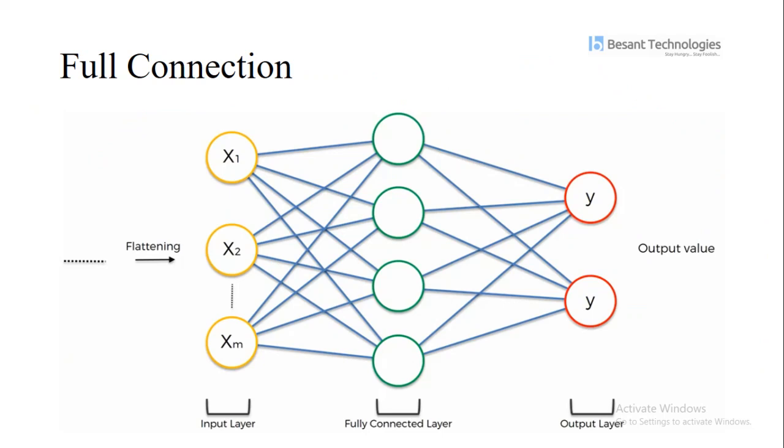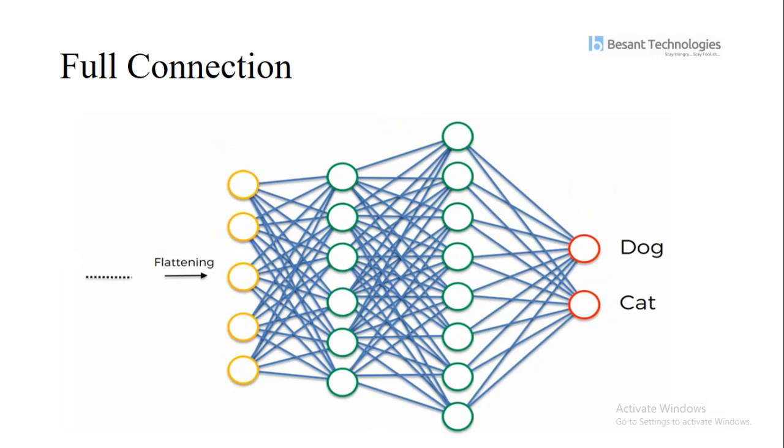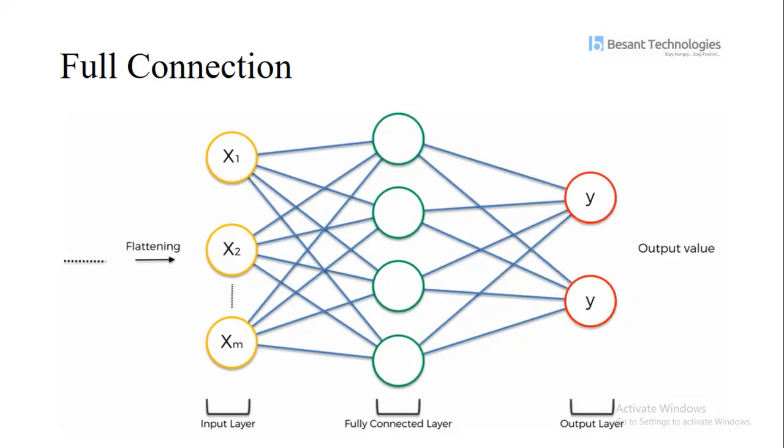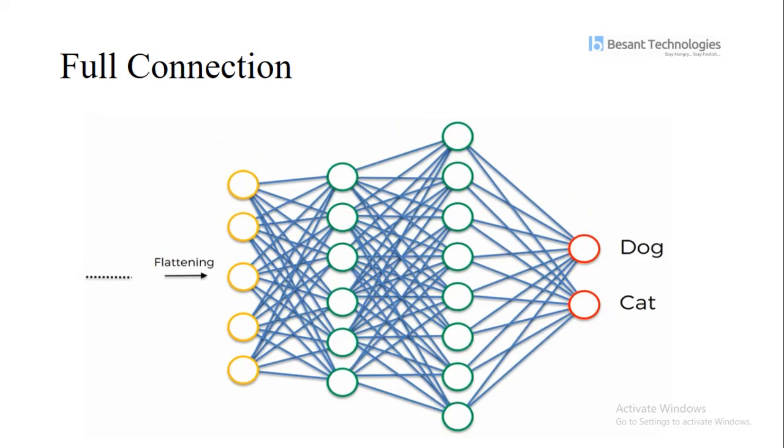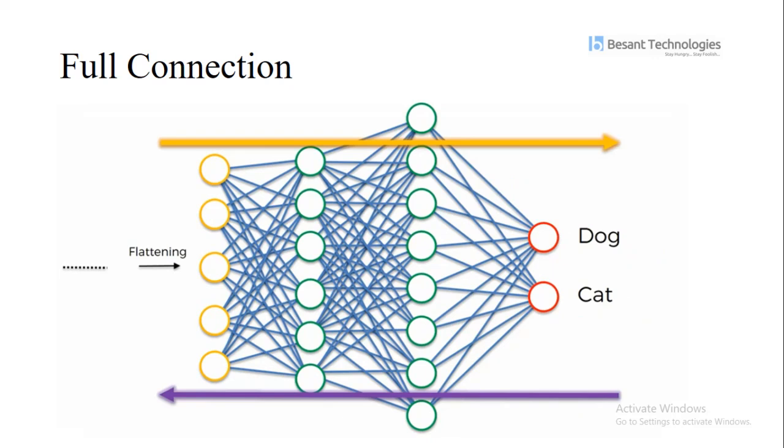Then we give it to our hidden layers, and from this we get our output value. This is the full connection of our CNN. With the full connection we get 2 outputs, either the particular image is a dog or a cat. We can also compare with multiple outputs, like dog, cat, lion, to see which class the given image belongs to. For this we can apply both forward propagation and backward propagation.